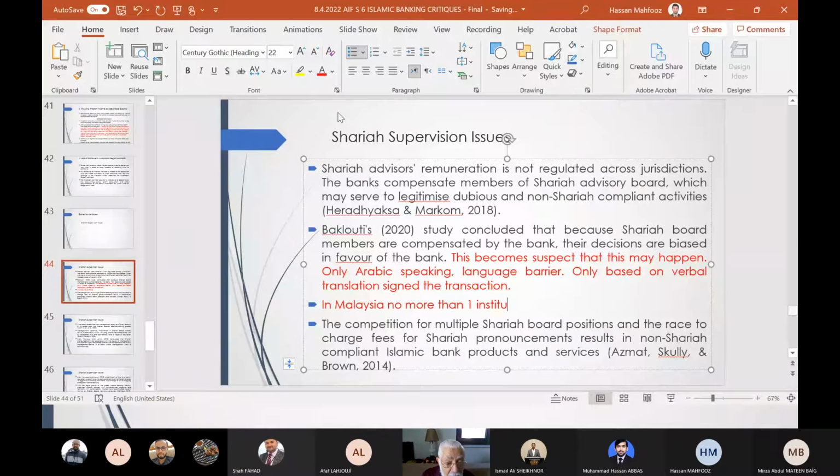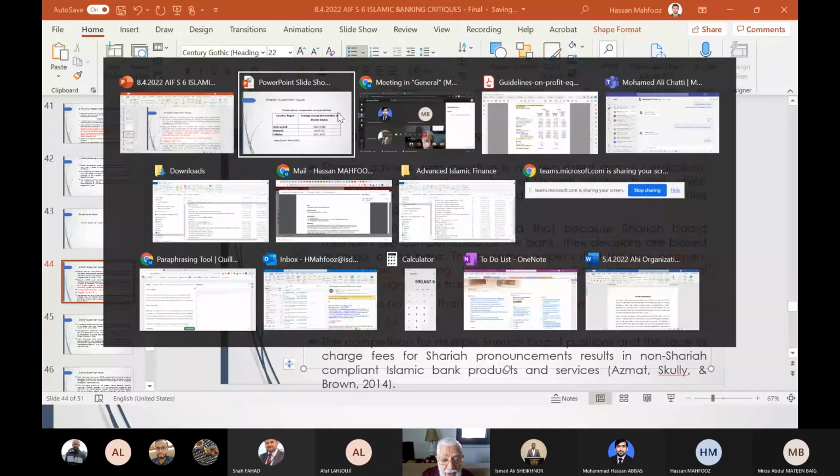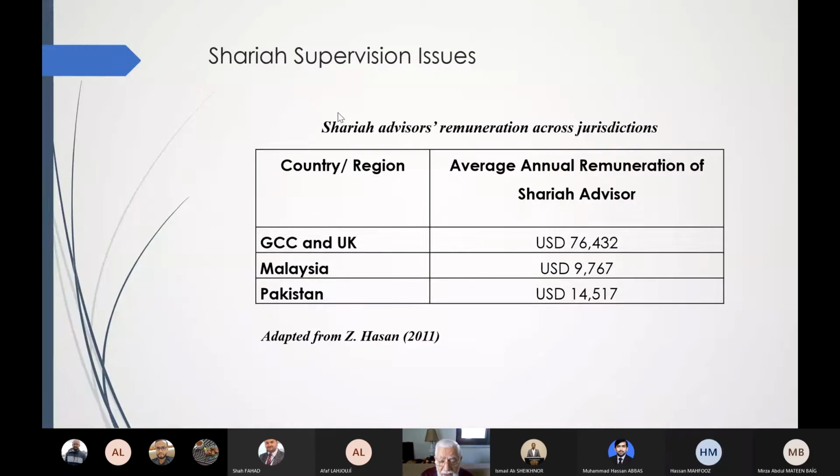In Nigeria also, no Sharia member can be in more than one Islamic bank. Insurance companies are also under the supervision of the central bank in Nigeria and in many countries now. Again, no Sharia board member can be in more than one Islamic insurance company.